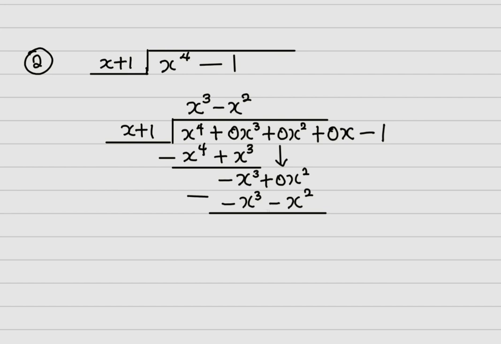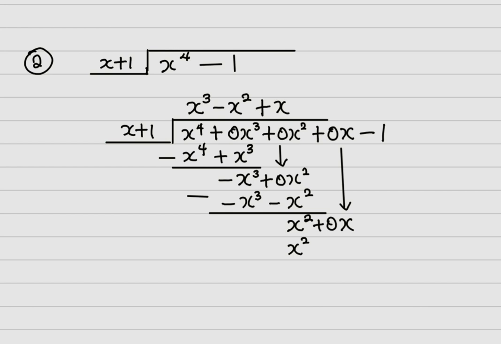On subtracting, this will go, and here I'll be left with x squared. The same thing, I'm bringing down this 0x, so plus 0x. All right, and the factor I'm going to be using here is plus x, and here will be x squared.